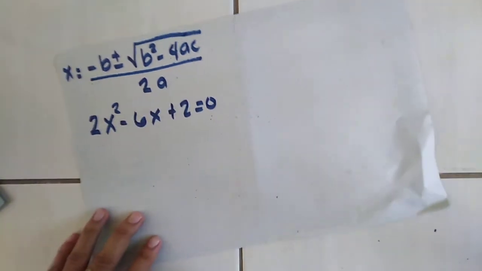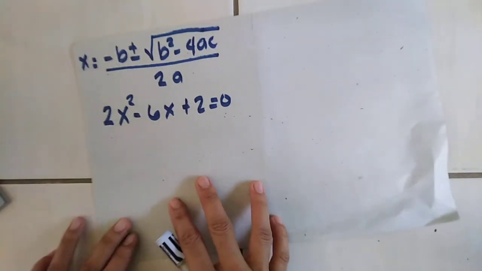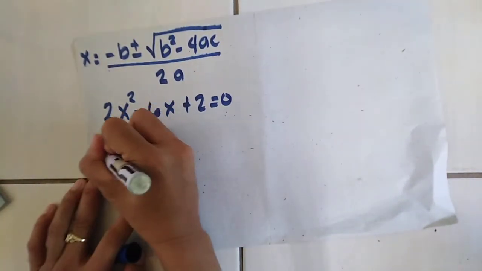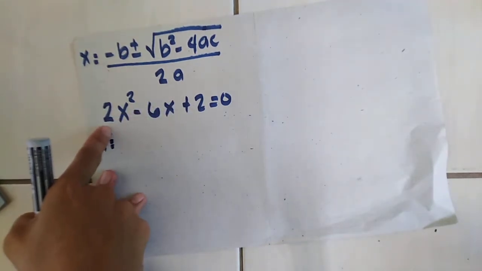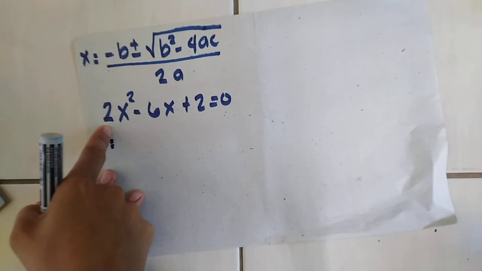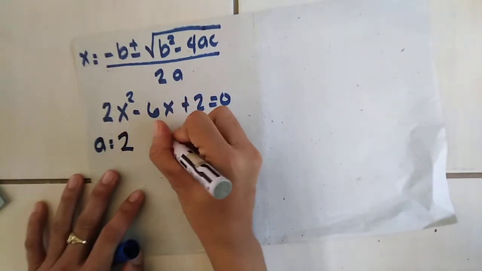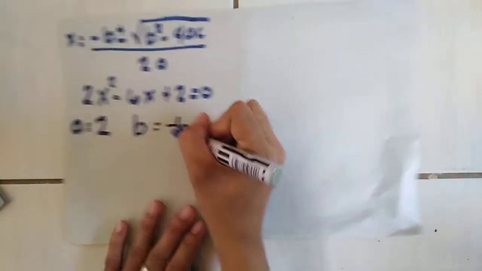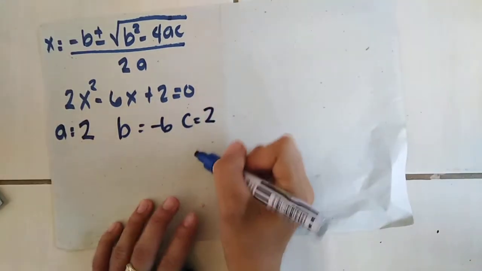How do we solve this? First we find a, b and c. Our a is the numerical coefficient of the quadratic term x squared, so we have 2. Our b is negative 6, and our c is positive 2.